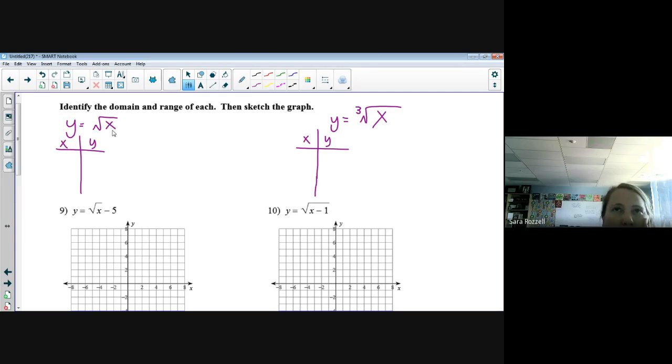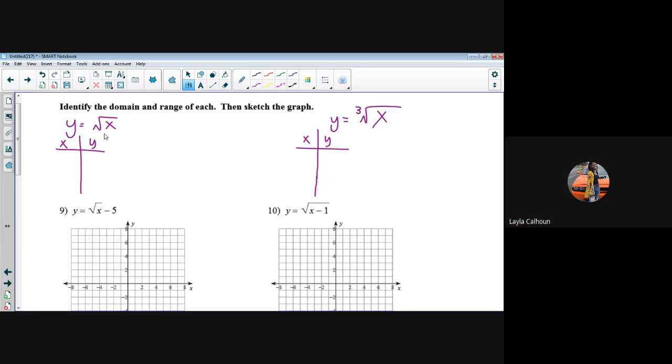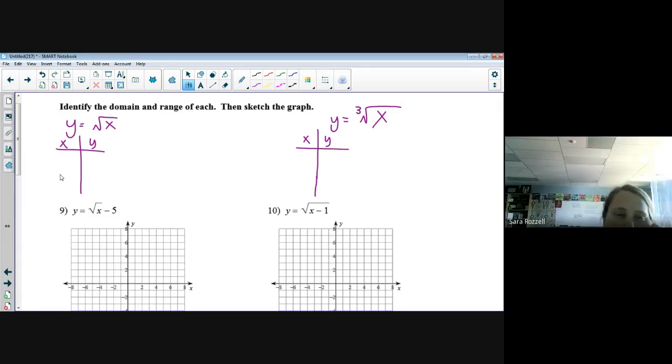Somebody give me a perfect square. 4. 4, good. 1, right? What about 0? We'll start with those. 0, 1, and 4. Those are going to be our x values that we'll use when we sketch our graph.